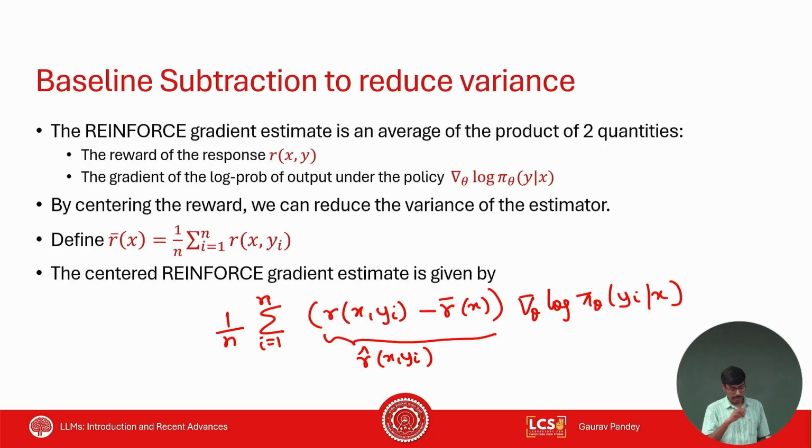Another thing is that this mean need not be just over the outputs of the given prompt. You can take the mean across the entire batch. So let's say you have 10 prompts in a batch and 10 outputs per prompt. So across all those 100 outputs, you can take the mean.